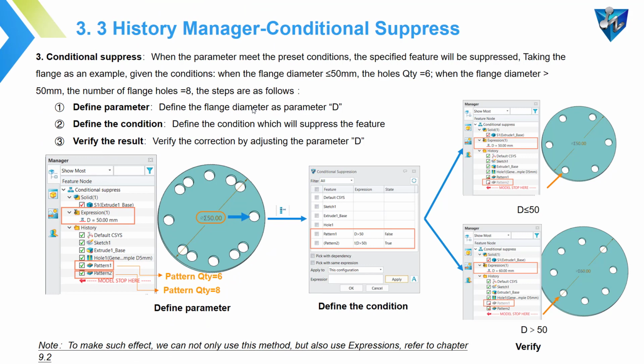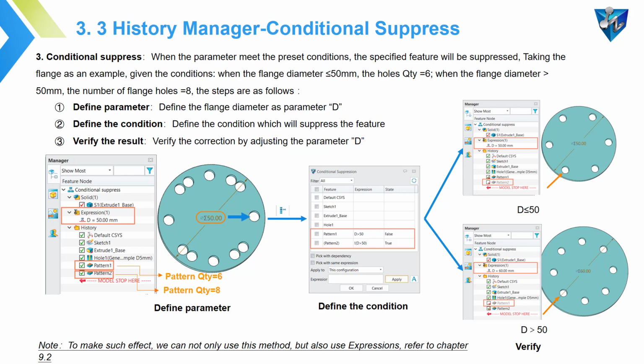Next, I will show you an advanced usage of the history tree, which is conditional suppress. Sometimes you need to make a flexible design to avoid repetitive work. Take this flange as an example. We can use the conditional suppress function to get a part with 2 different states controlled by a parameter.